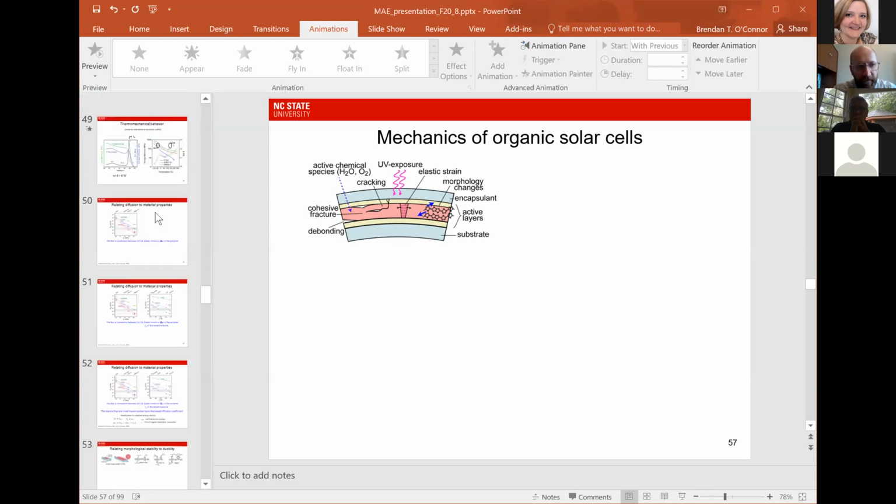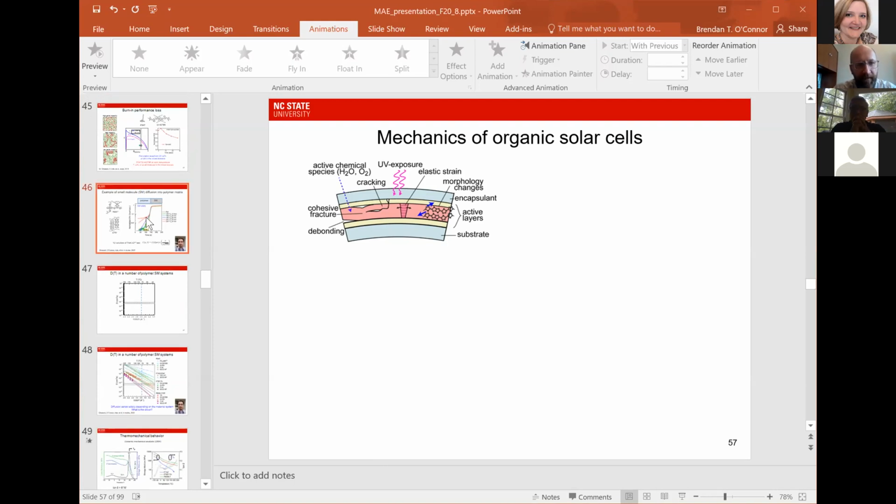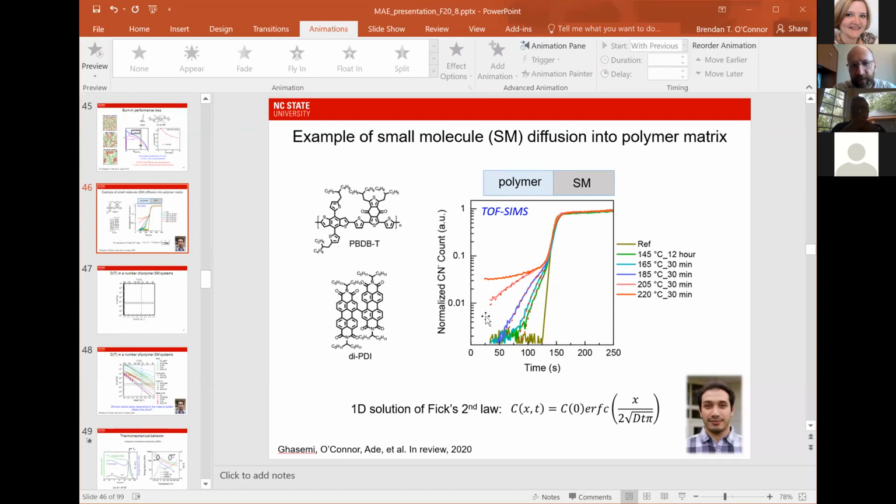our lab didn't do the diffusion measurements, but I can talk about it a little bit. Let me go to the slide real quick. The small molecules are diffusing into the polymer, but for the degradation mechanism, usually it's diffusion out. And so there is a little bit of a difference there in terms of how you would measure that and what that would mean.